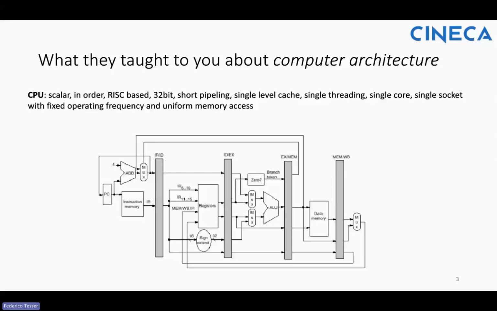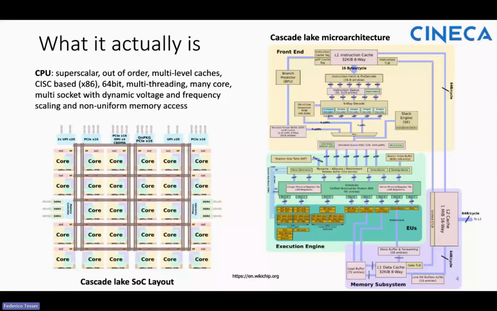Okay, actually, from daily life, we know that it's usually the contrary. On the right, you can see a representation of a Cascade Lake core, which is divided in front end, back end, and the memory subsystem, while on the left you can see a layout of the system on chip of the same microarchitecture.